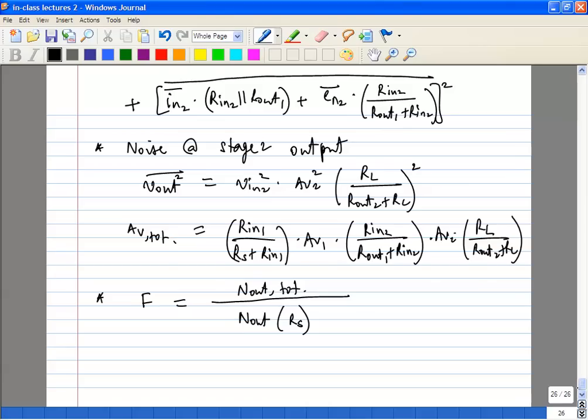Sorry? Which load resistance noise? RL noise. Yes, RL noise will also come, but for now we are going to ignore that, because that will be taken into account if you cascade it with the next stage, then you would take it into account there.